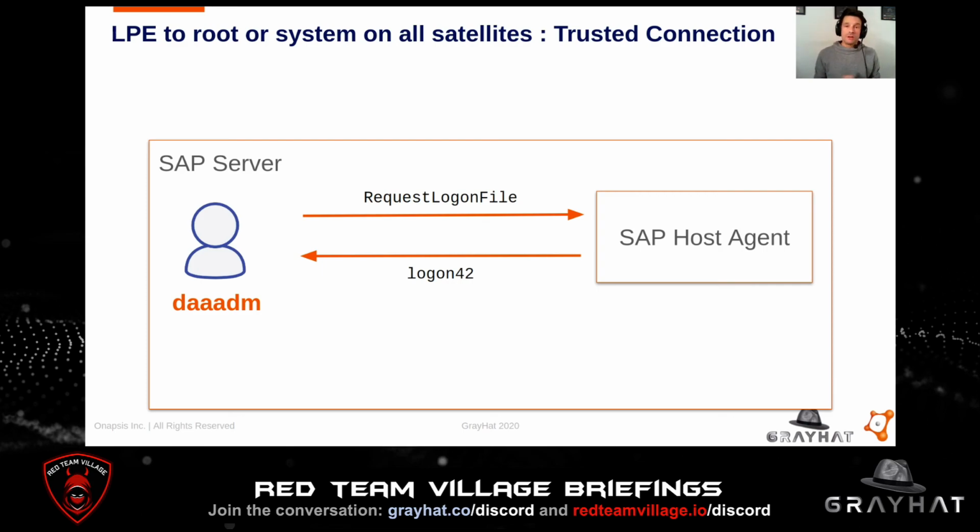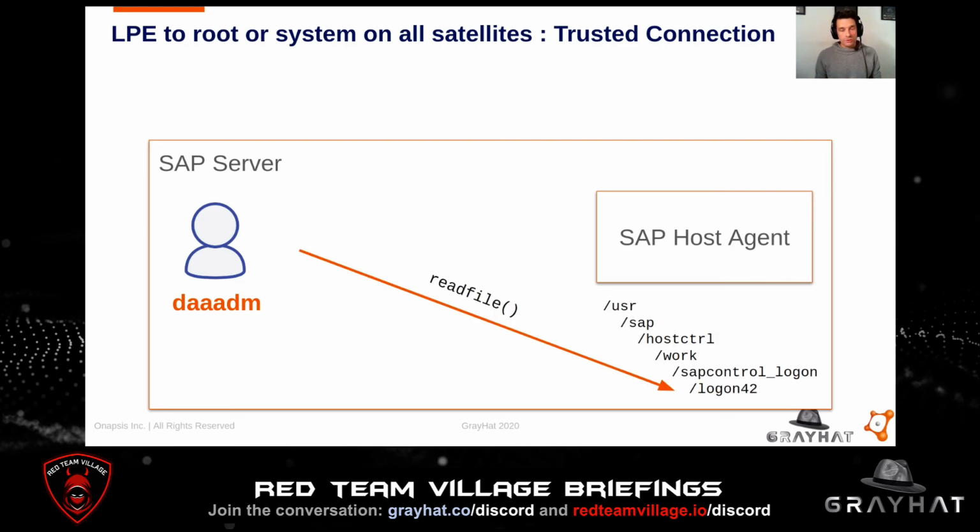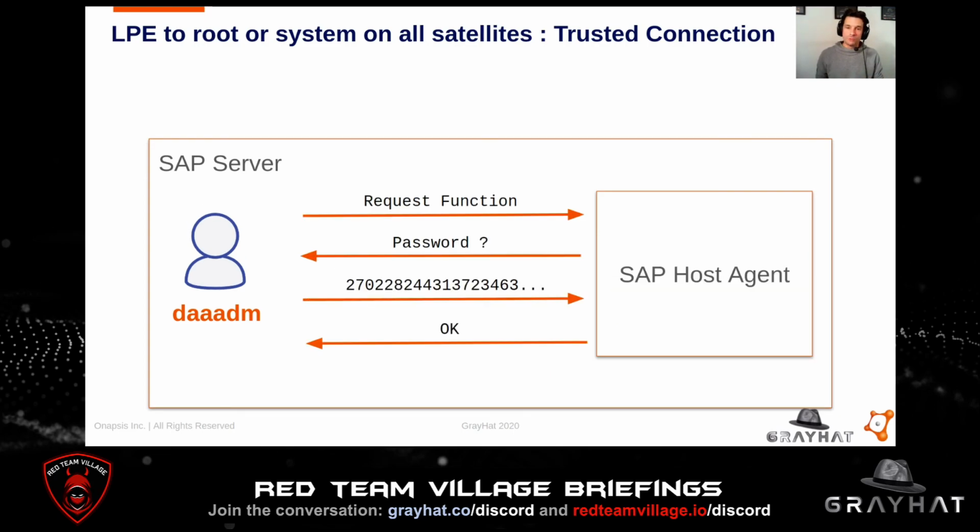The Subpost agent sends back a path to a file, for example, logon32, and locally the user reads the content of this file, and the content of this file is a temporary password. So the number is a temporary password you can use one time to request a function. So it's not very complicated, but everything is local. You can't do it remotely. The request logon file is only accessible locally.